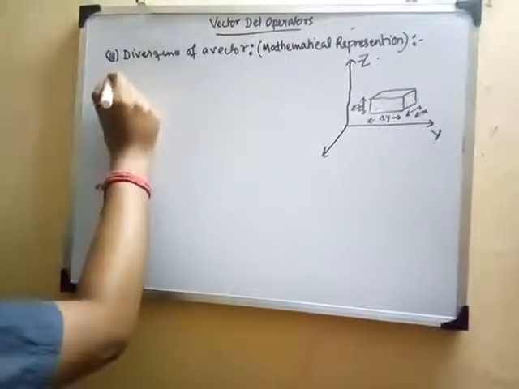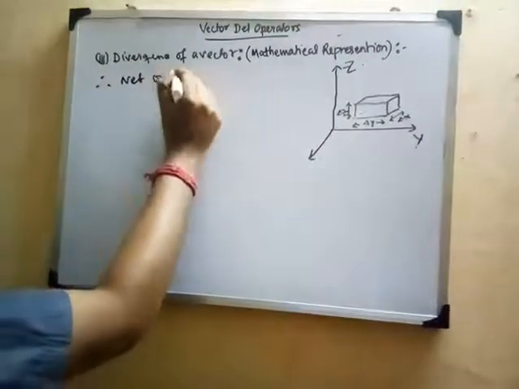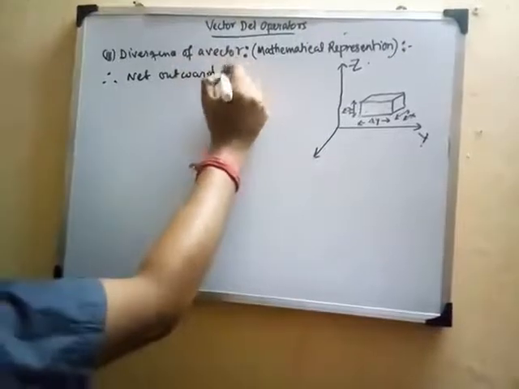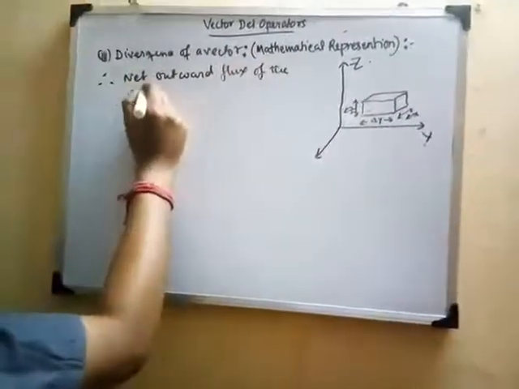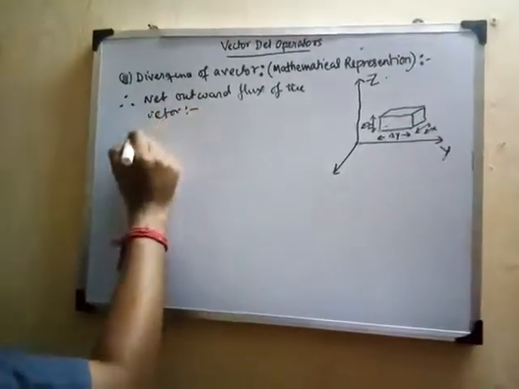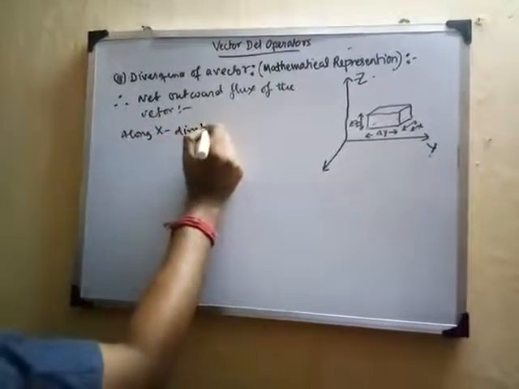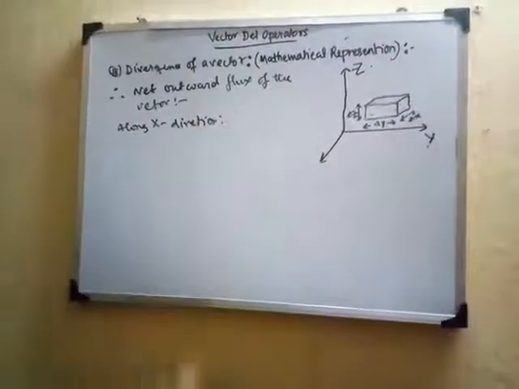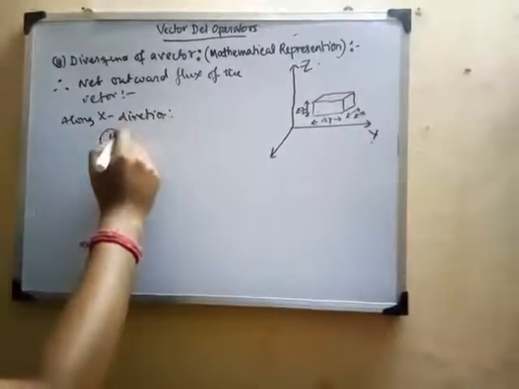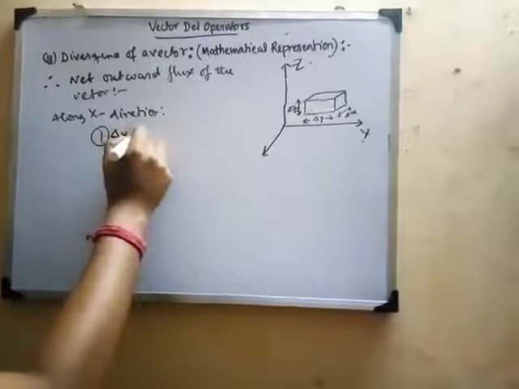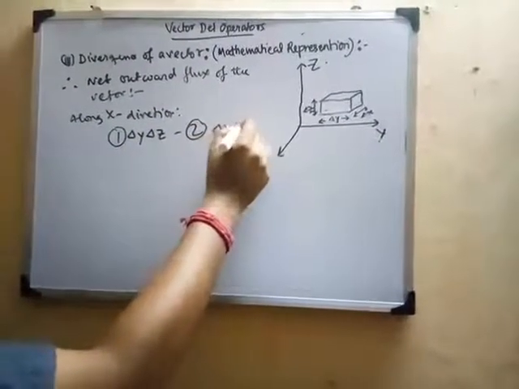Therefore, the net outward flux of the vector along the x direction: we take equation 1 del y del z minus equation 2 del y del z.